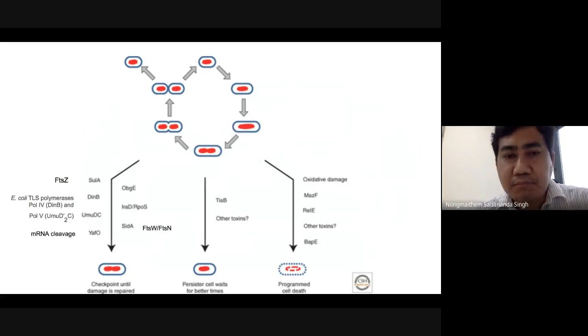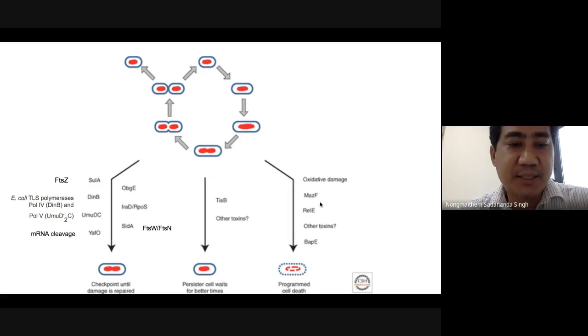So now, what are the molecular mechanisms? How does it induce different varieties of response because of the SOS response? Of course, there are genes or factors under the control of LexA, which help in giving rise to different types of SOS response.